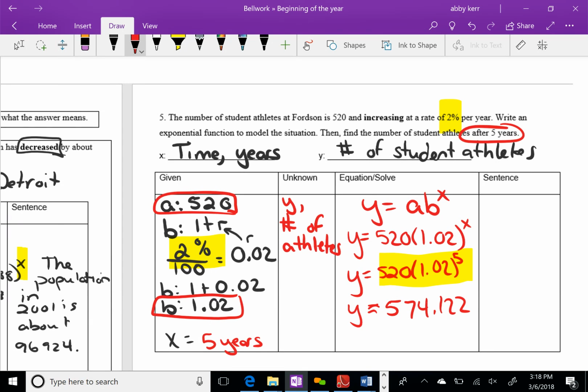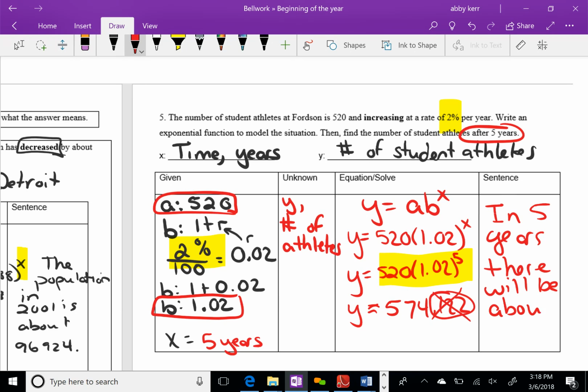Now notice that we're talking about people. So this decimal, we're not going to use. So you can say in 5 years, there will be about 574 athletes.